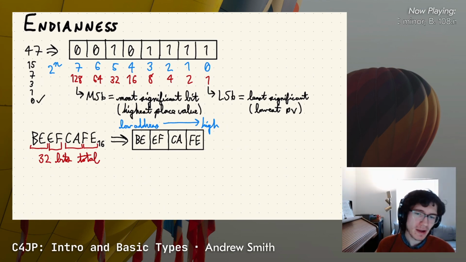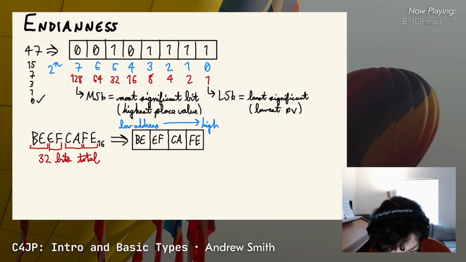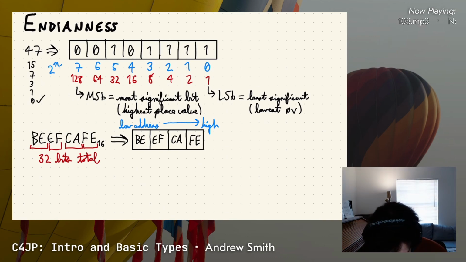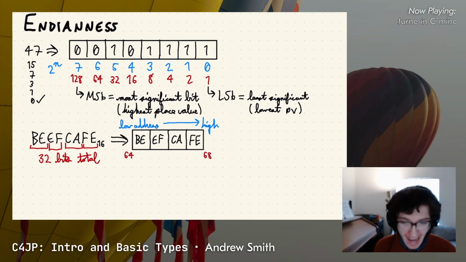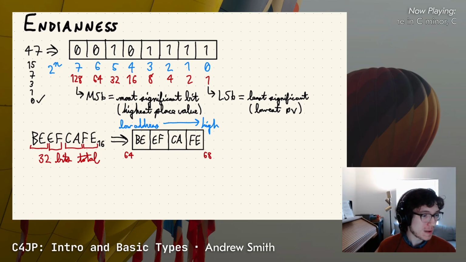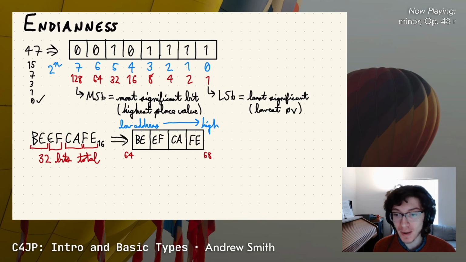And that would kind of make sense, right? We talk about memory going from, for example, the beginning of this integer at offset, let's just say, 64, and then the end of this being at offset 68. And so as we proceed through memory, we denote each byte of our number in sequential bytes of memory. And hey, that totally makes sense.